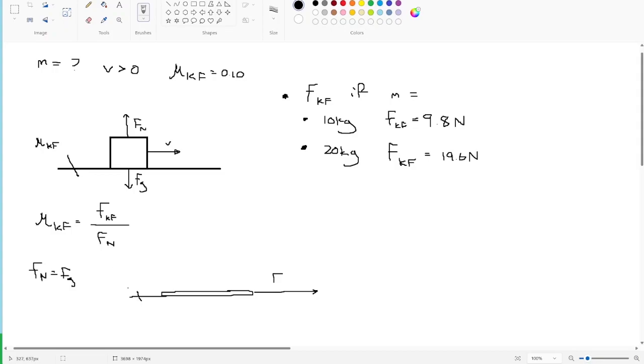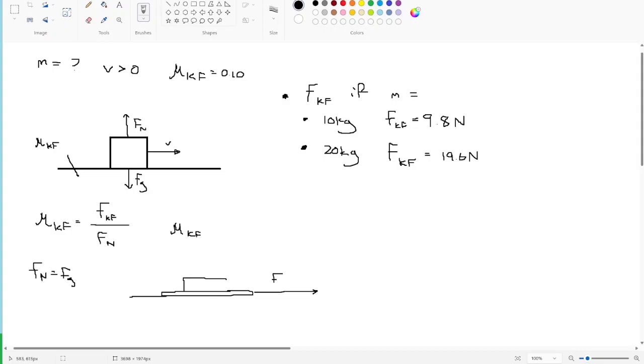The ground, like a real-life floor, has some coefficient of kinetic friction, which means there's going to be friction between this sled and the ground. So when you pull on this with force F, it feels like this.